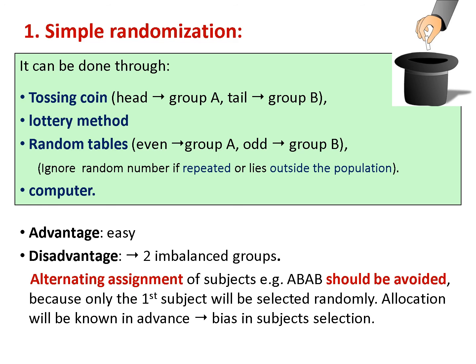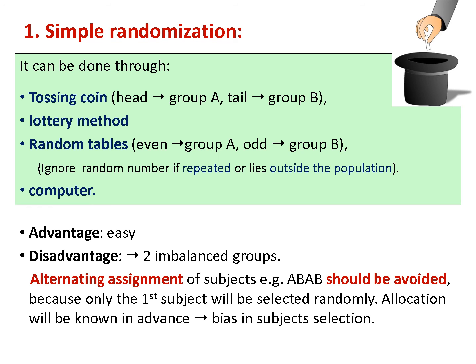The advantage is that it is easy, but the disadvantage is that it may result in two imbalanced groups, as most of the participants can be in group A and others in group B, because if we use, for example, tossing a coin, it may appear mostly as head, so we put them in group A, and the others are put in group B. So if there are, for example, 100 participants, maybe 70 in group A and 30 in group B, and this results in two imbalanced groups.